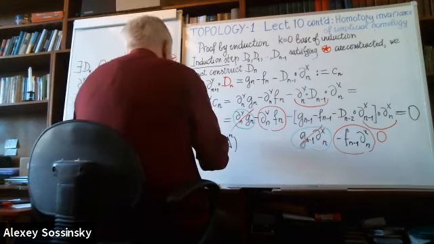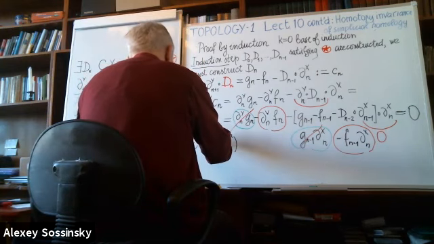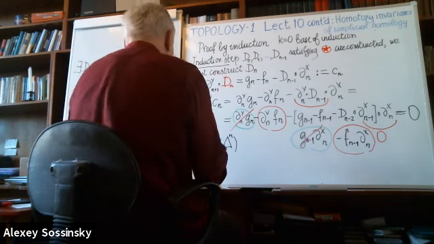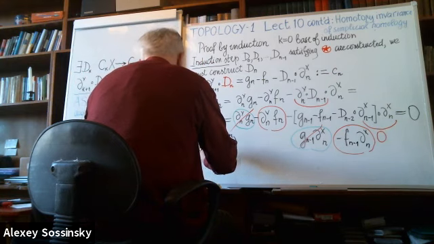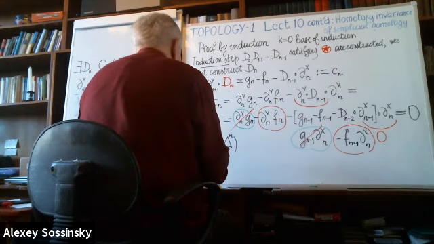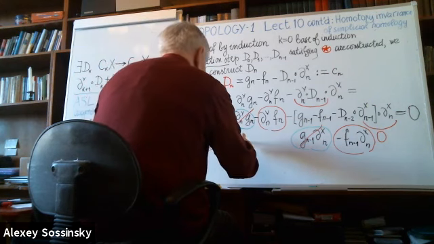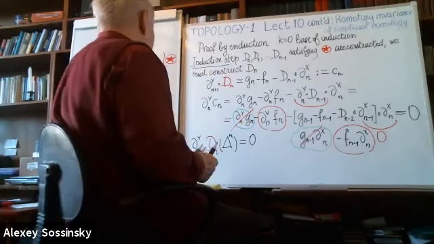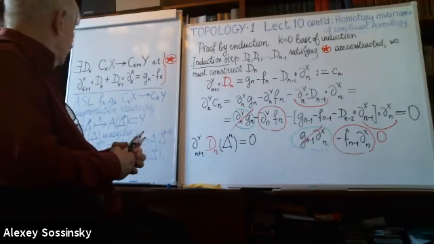Now we have shown that the boundary operator of this chain is 0, which means that this chain is a cycle.